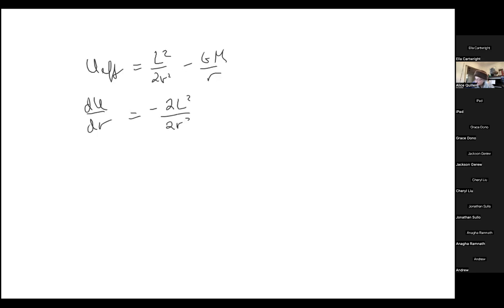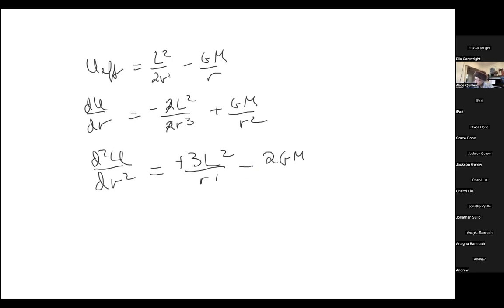If we have U effective is L squared over 2r squared minus GM over r, and then I just take the derivative twice. 2L squared over 2r cubed plus GM over r squared, d squared U over r squared. Now I have to take the derivative again, plus 3L squared over r to the 4th, and now I have a minus, because the derivative of 1 over r squared is negative, minus 2GM over r cubed.